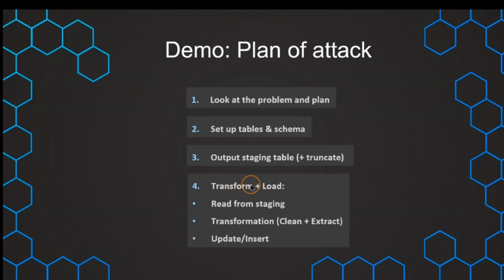And then, of course, last but not least, we want to load that data into the final table in our core schema. So this is our plan of attack. And now in the next lecture, we immediately want to start with setting up the tables and the schemas and completing our staging table, so our ETL process. And that's what we are going to do in the next lecture.